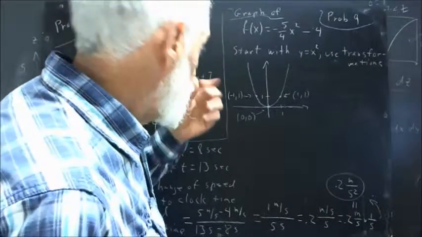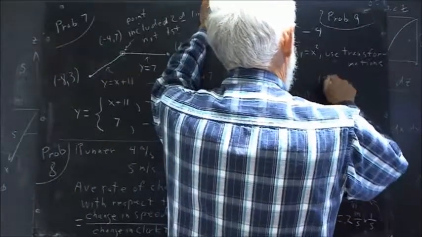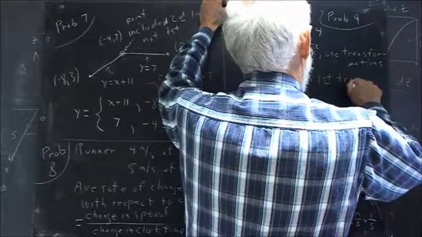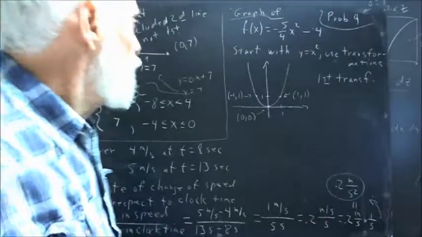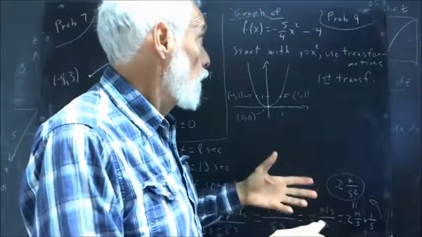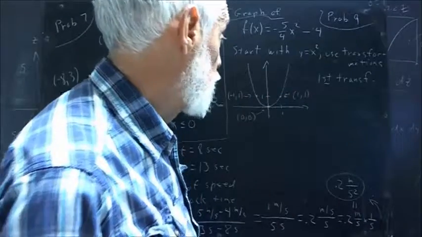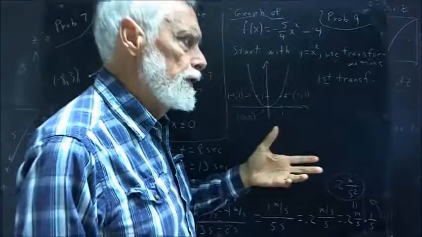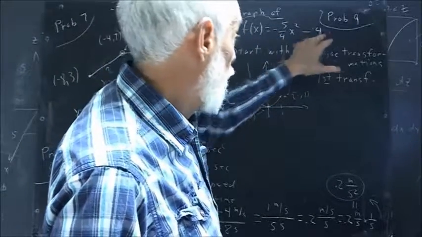Now, first transformation. We're always going to do stretches and compressions before we do shifts in the horizontal or vertical direction, okay? And that is consistent with the idea that we multiply before we add or subtract.